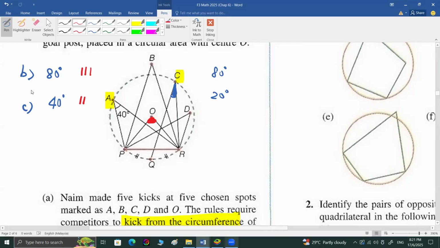Okay, because some of you said that it's complicated, right? But, okay, class, for this formula, we don't have any that lies outside the circle one. We ignore it.